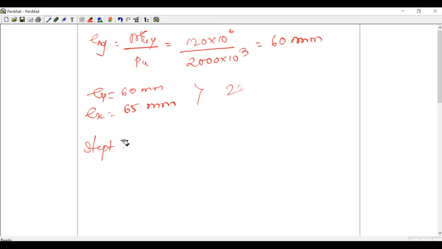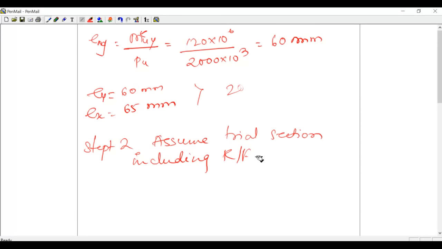Step 2: assume a trial section including reinforcement. In this step we just need to assume some trial section, and the resultant moment needs to be calculated.